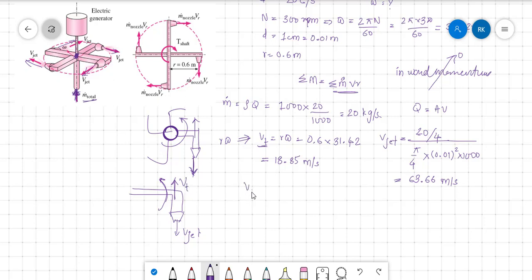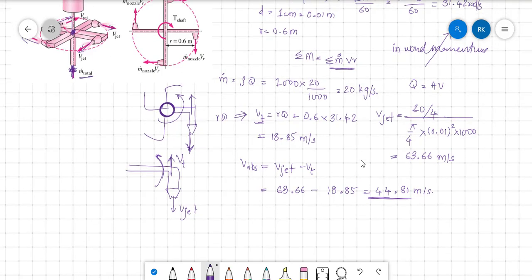We need to find the absolute velocity, sometimes called the relative velocity with respect to Earth. So absolute velocity will be v jet minus v tangential, 63.66 minus 18.85, that will be 44.81 meter per second. So if you observe from Earth, it appears like the fluid is coming with 44.81 meter per second.